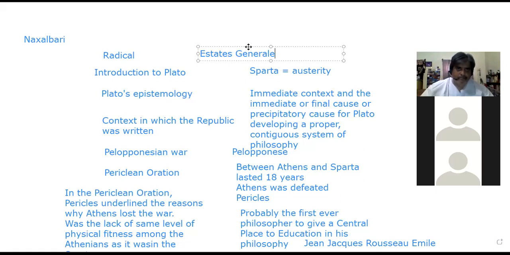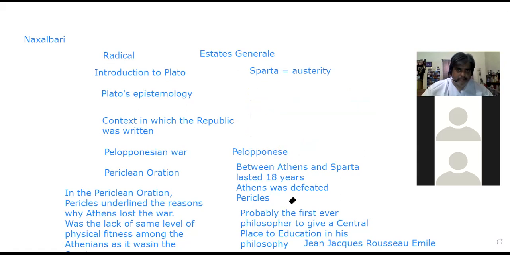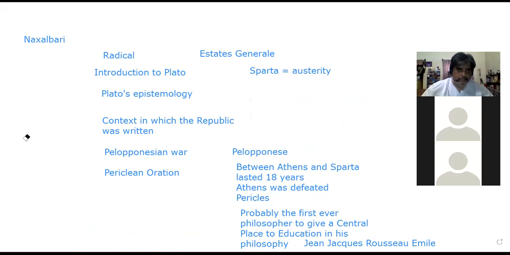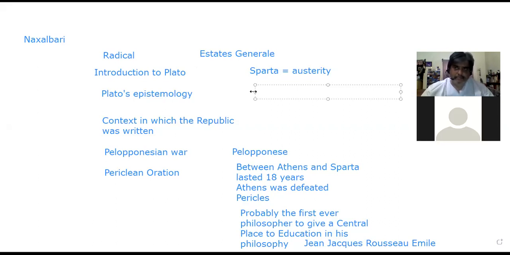Now, what you must understand is that it was always the kings who had to summon the parliament, and just before the French Revolution of 1789, the king reluctantly summoned a meeting of the Estates Générales, okay?